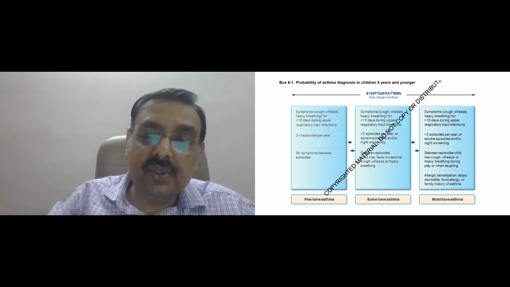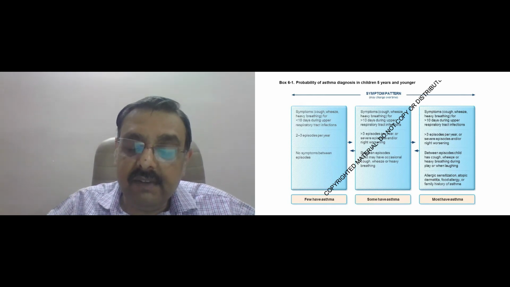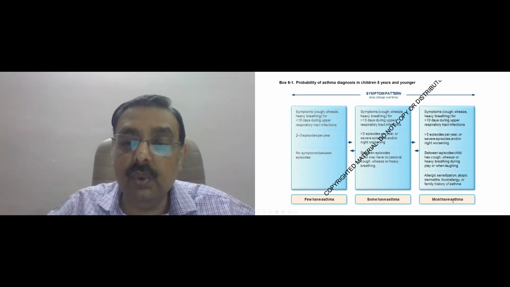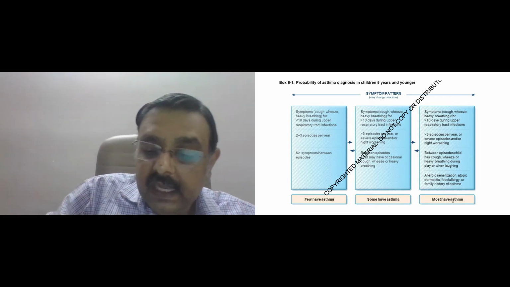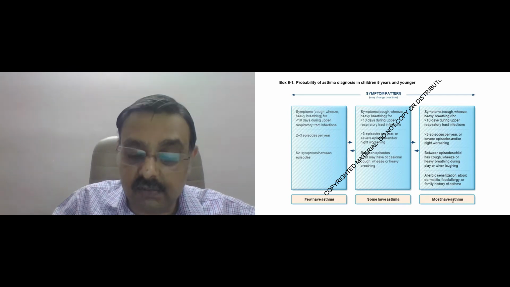So there might be a history of allergen sensitization. The child might have an associated atopic dermatitis, food allergy, or there might be a family history of asthma, and that makes asthma much more likely. Most of these children will go on and develop asthma. So these are the phenotypes which you commonly see in under 5 children.